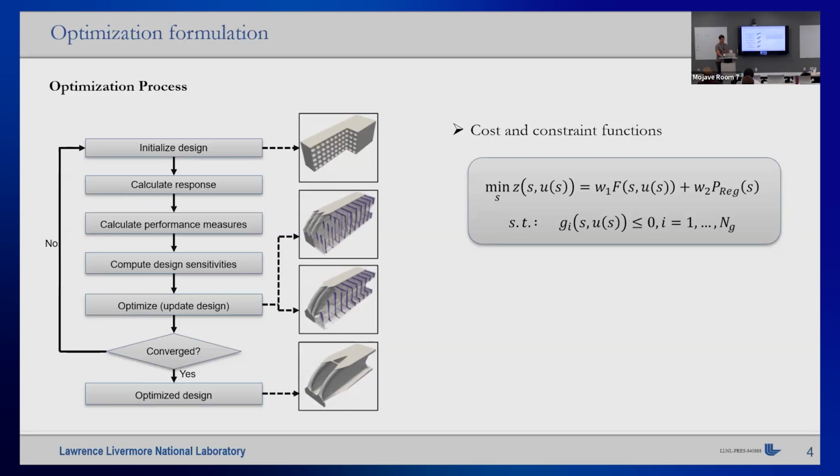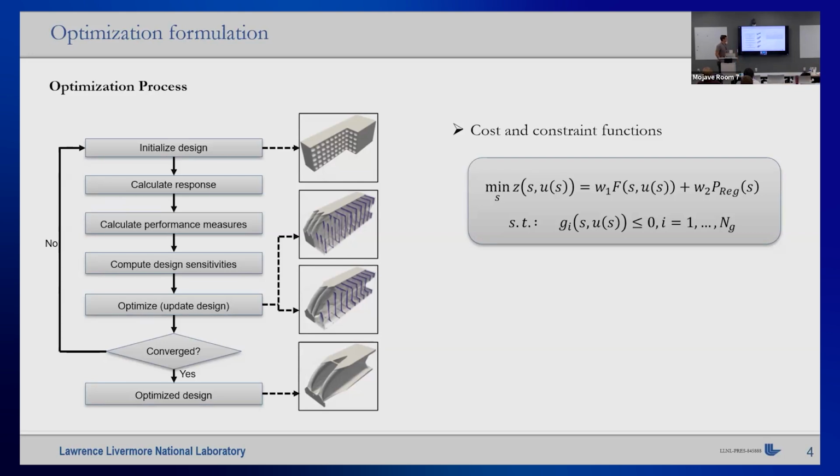We compute these performance measures based on the calculated response, and then compute some sensitivities, where the sensitivities are the derivatives of these performance measures with respect to the initial design variables. And then based on these sensitivities, we update the design. We check if the design is converged. If it's not converged, we start the whole process over again with the new updated design as our initial design.